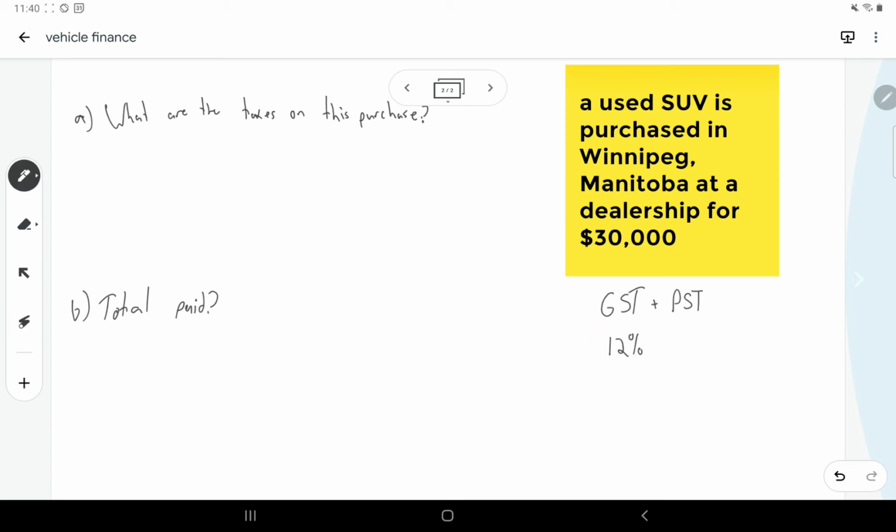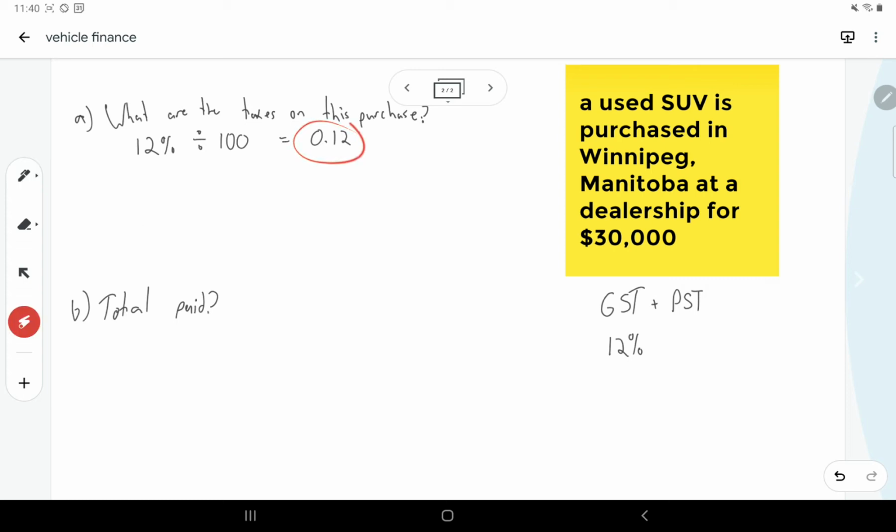We have to turn it into a decimal first. To convert from a percent to a decimal, 12%, we divide by 100. I like to remember this by thinking per cent means per 100. Cent means 100, so you divide by 100 to get rid of the percent. You get 0.12 as our answer there.